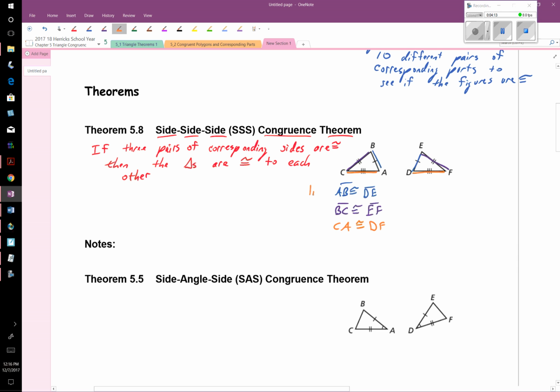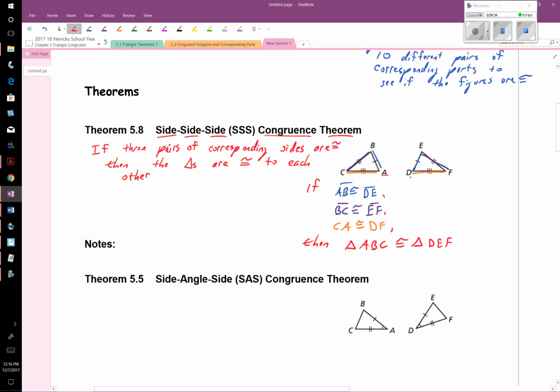So if we know this, then we can say triangle ABC is congruent to triangle DEF.